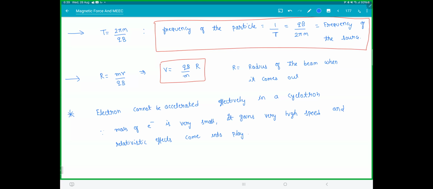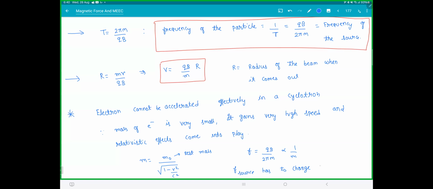What are the relativistic effects? The mass of the electron will be m naught by root over. We'll not get into this, but it does change. m naught is the rest mass. So it does depend on the speed of the particle. Now, since the mass is changing, and we know frequency is proportional to q by m, f starts changing, which we can't adjust.